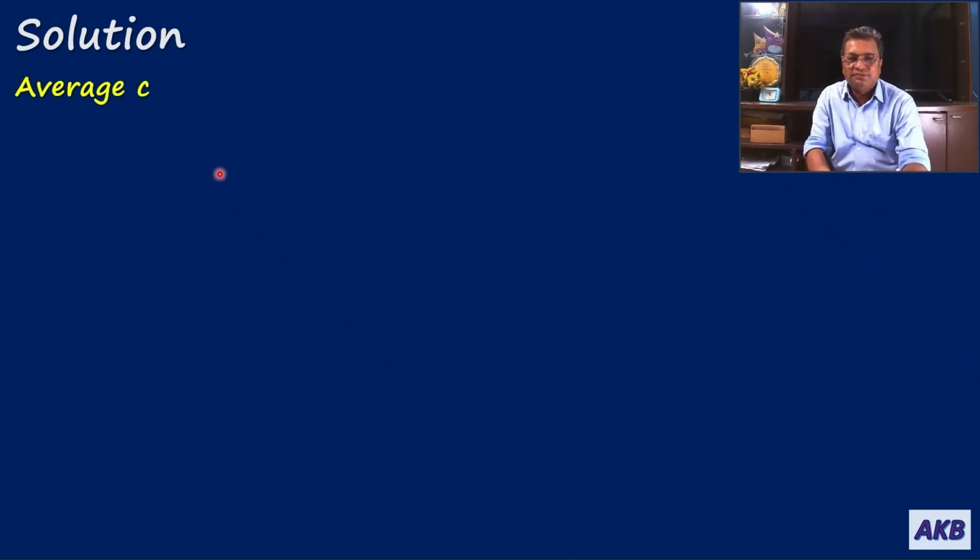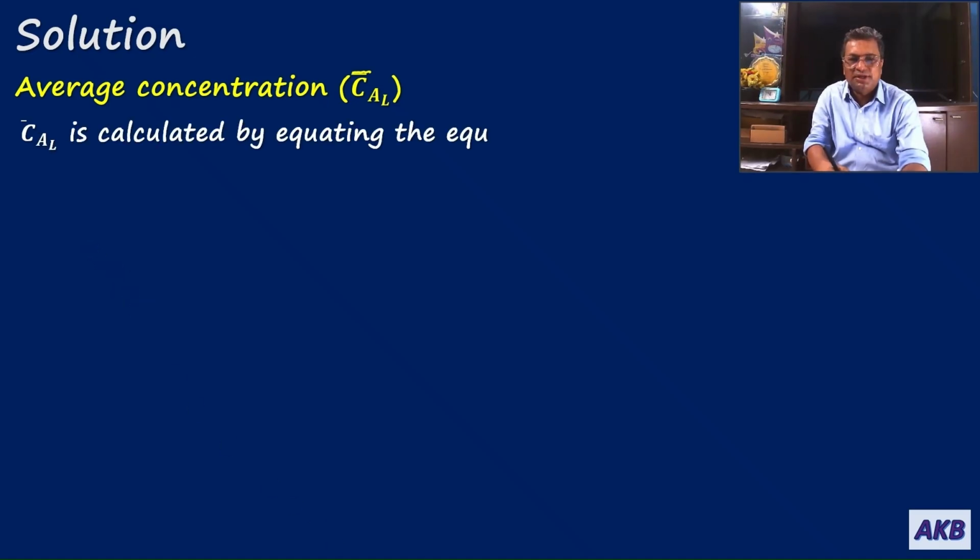So next we have to get the average concentration, that is CAL bar. So for that CAL bar, what would be the approach? It is calculated by equating the equations for NA average.